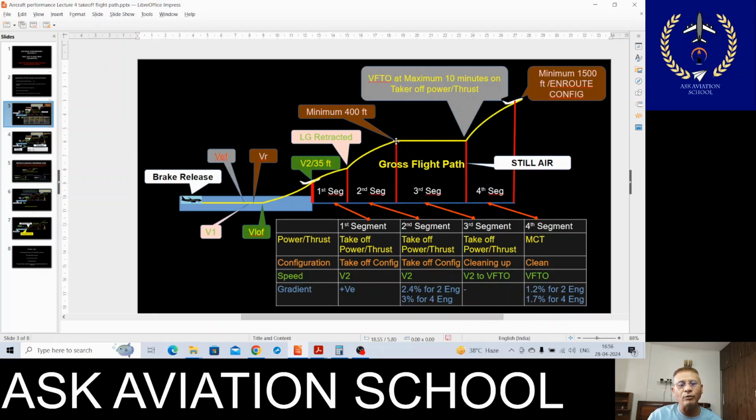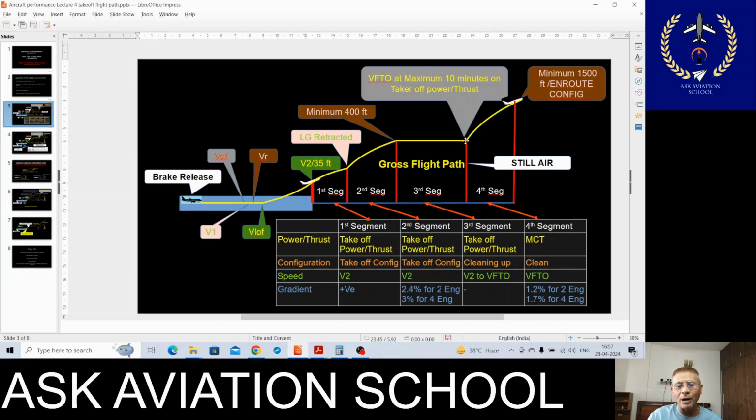The third segment will commence from the minimum acceleration altitude till the time the aircraft comes to a clean configuration at VFTO speed, that is the final takeoff speed, or in some aircraft it is also known as the green dot speed. The maximum time at which you have to reach this VFTO speed in a clean configuration is 10 minutes on takeoff thrust or takeoff power.